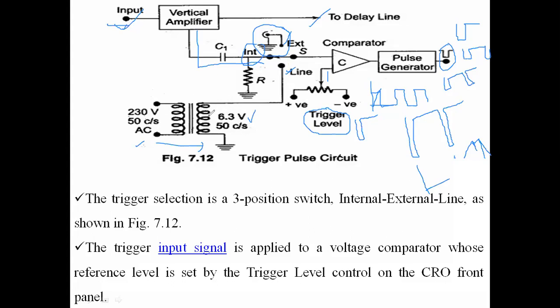Here the alternating voltage frequency is the same, but we are decreasing the voltage. We are not directly connecting the 230 volts. We decrease the voltage to 6.3 volts, and that 6.3 volts is applied to the CRO through this line selection point. Like this it produces the trigger pulses.